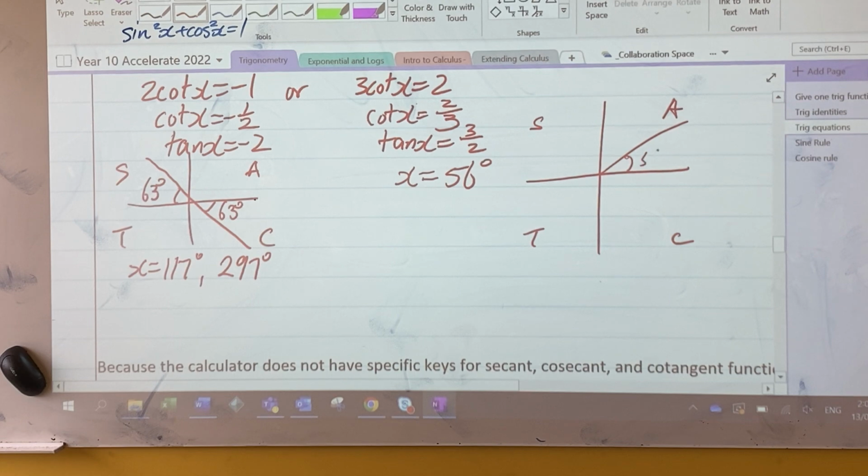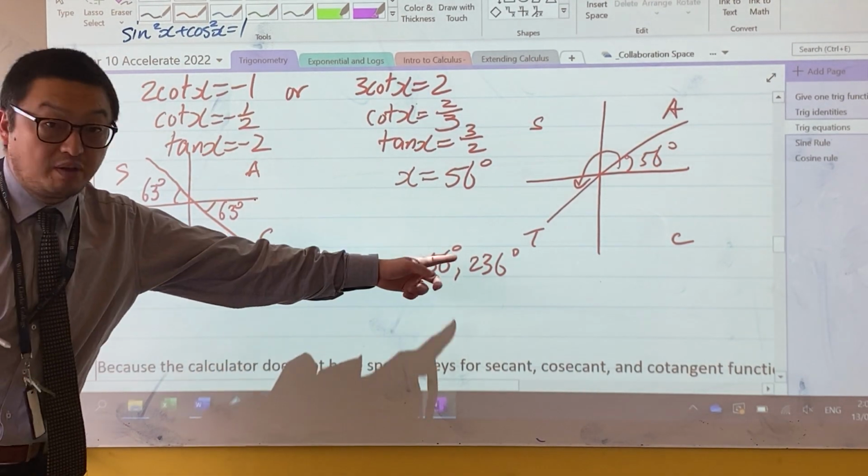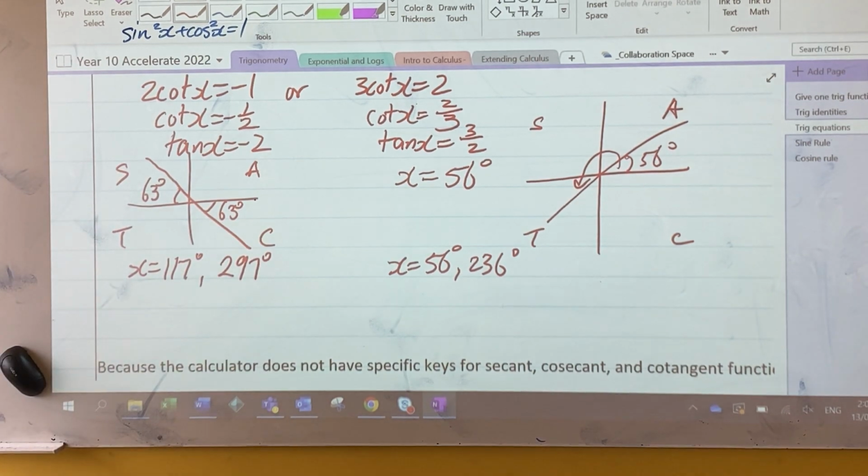So 56 and 180 plus 56, so x is 56 degrees and 236 degrees. Like that, your answer is combined: 4 possible answers. People okay?